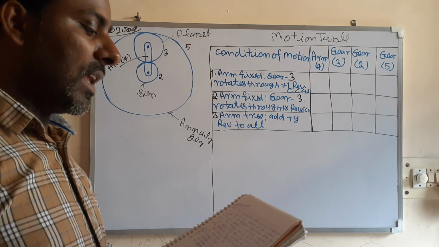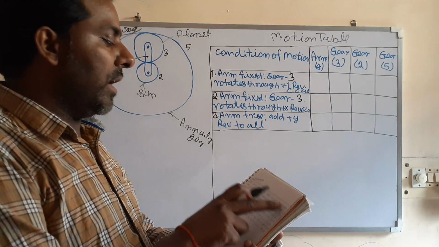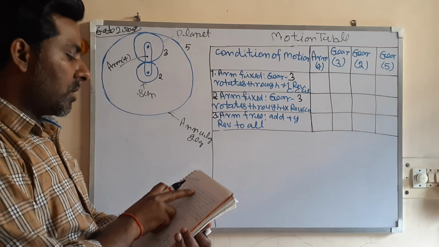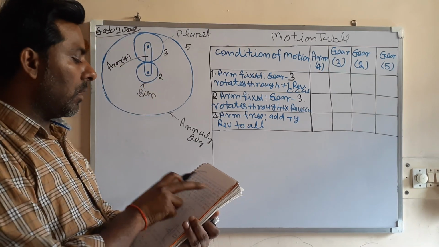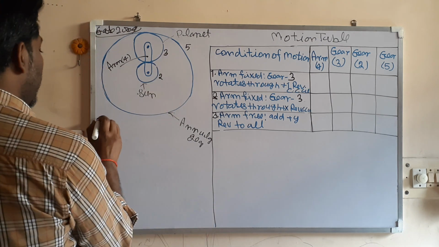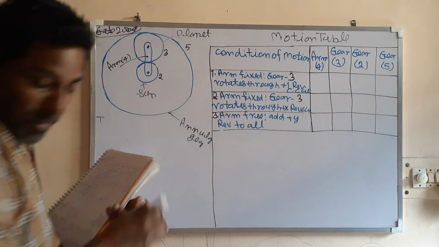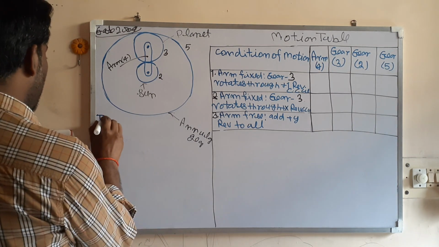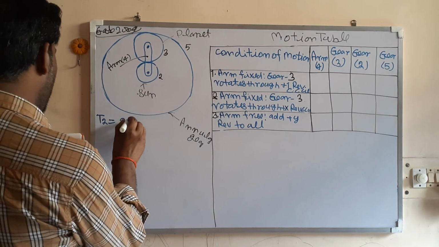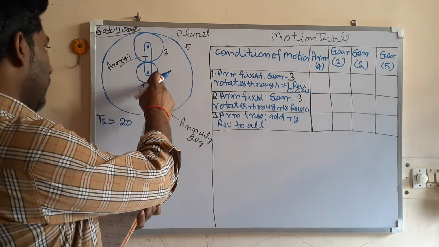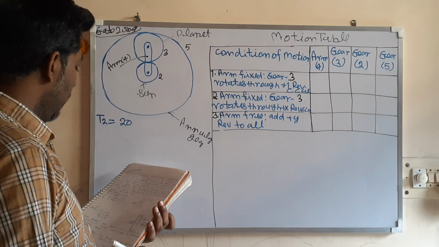An epicyclic gear train is shown in the figure I have made here. Sun gear 2 on the input shaft has 20 teeth, so the number of teeth on gear 2 is 20. This is an external gear.